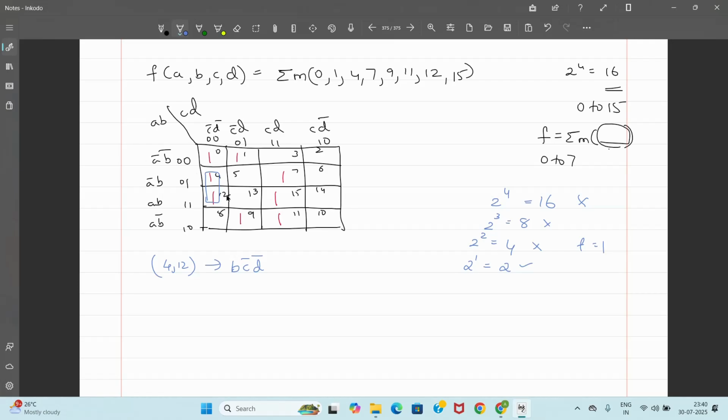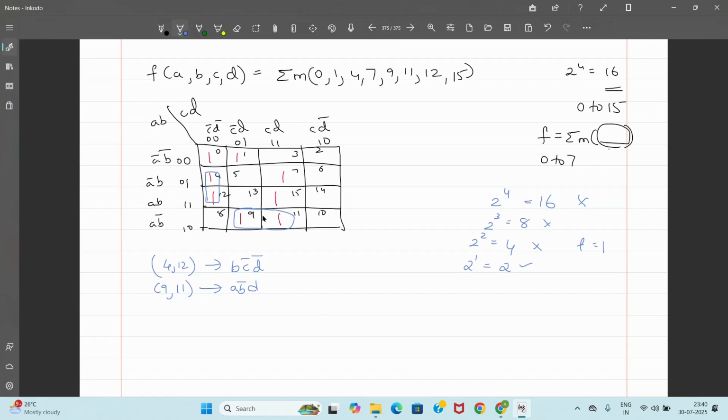Next, cell number 9 has only one option, that is to be paired with cell number 11. Cell number 9 cannot be grouped with anything else. The equation for that will be only one row, A B bar, whereas in the columns I have two columns where D is common in both.